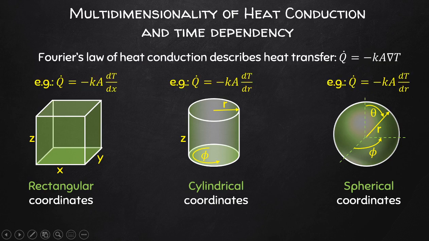The following equations are applicable to heat being transferred through these geometries respectively. And what I'm showing here is the typical dT/dx, dT/dr that we have dealt with before. Note that these are simplifications, and we will need to use the general heat transfer equation to derive these equations in the first place.